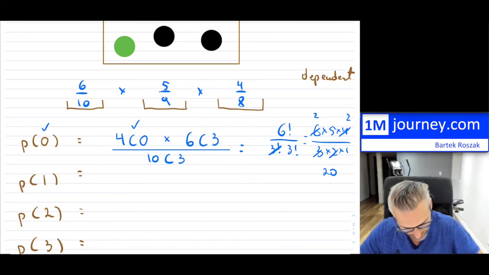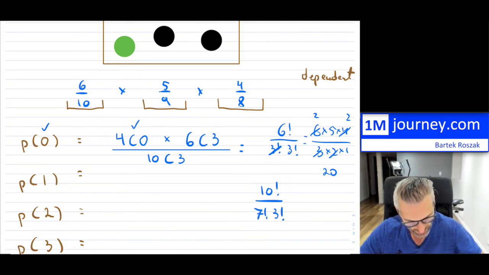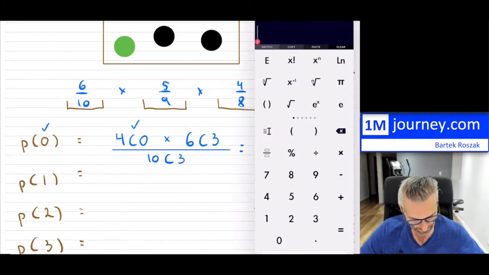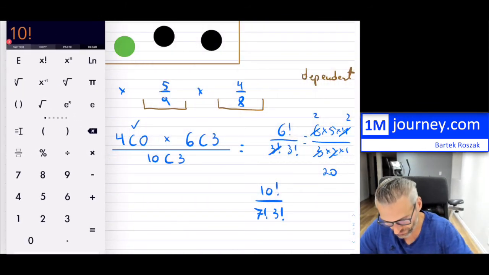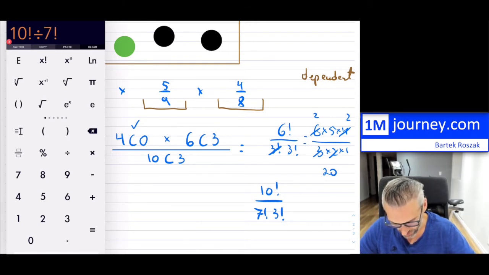For that, we have 10 factorial over 7 factorial times 3 factorial. I'll save us a little bit of time, so popping out the calculator here, 10 factorial divided by 7 factorial is 720, divided by 3 factorial, which is 6.